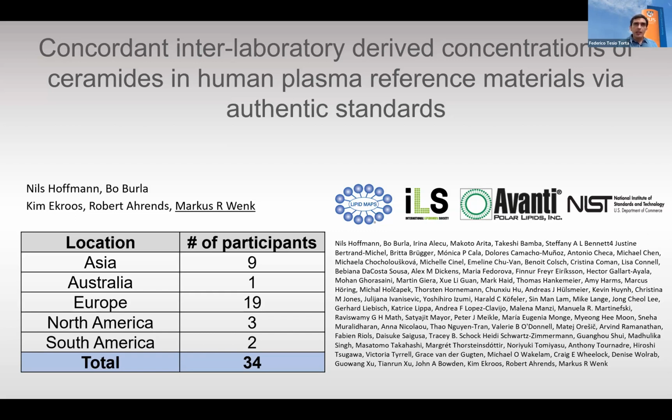And back then we agreed that the measurement of ceramides could be a good first candidate for this kind of optimization for several reasons. So first of all, the clinical relevance that I just described. Then the stability of ceramides in plasma, which is quite high, their detection levels, and the fact that there are quite a few established methods for their measurement.